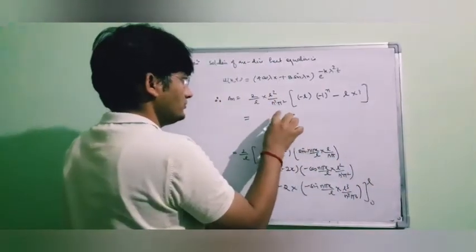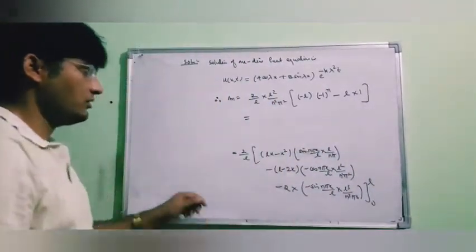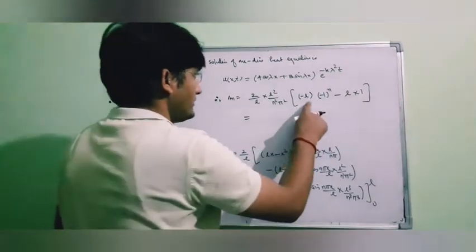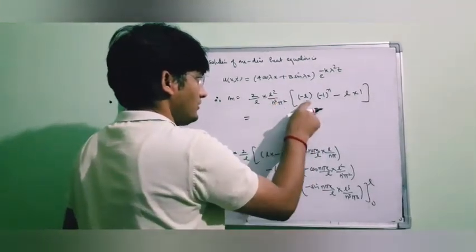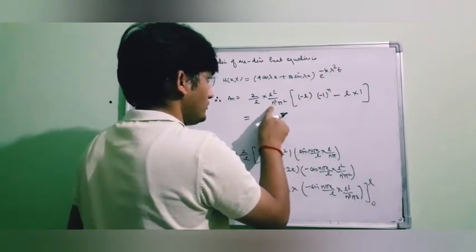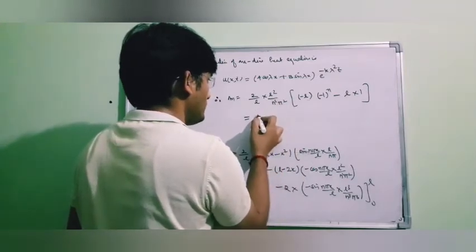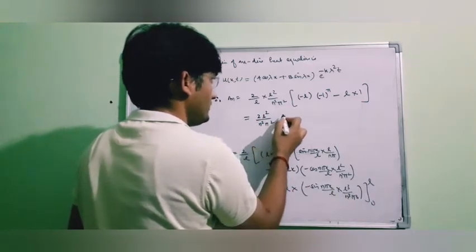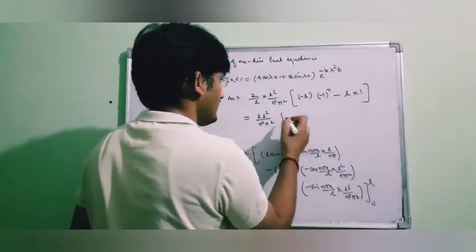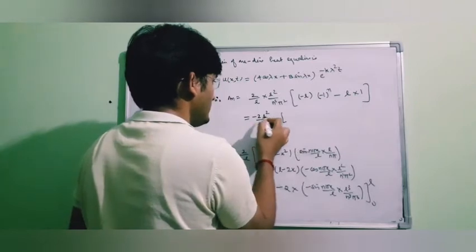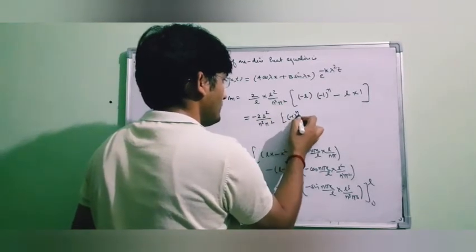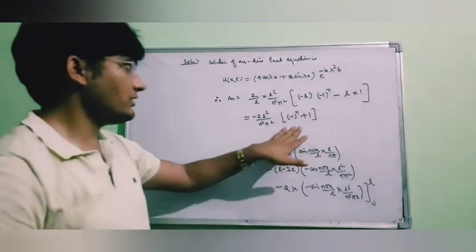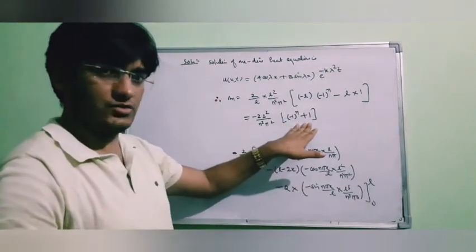So now, here you can see that we will have l common outside, so we will have l cube, so this will be your 2 l square upon n square pi square, then in the bracket we have one more minus sign here, so in the bracket we will have minus 1 to the power n plus 1. Now here you consider if your n is odd, then this is your 0.